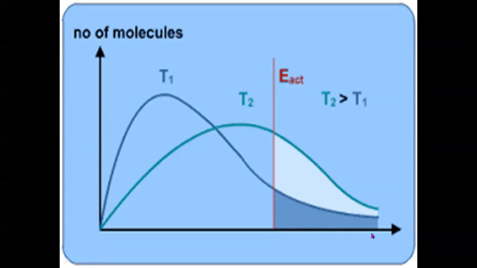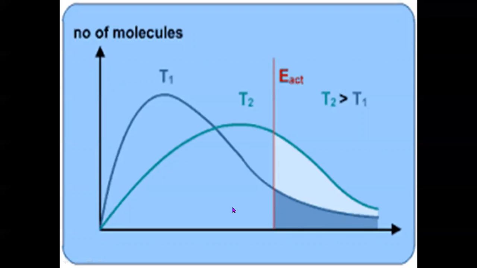From this point to this point, if we have a rectangle, this much means blue color area plus white color area. Whereas when the temperature was lower, that is for T1, it is this much only, the blue color area. Means molecules of this area only can possess that much energy and can convert into product.